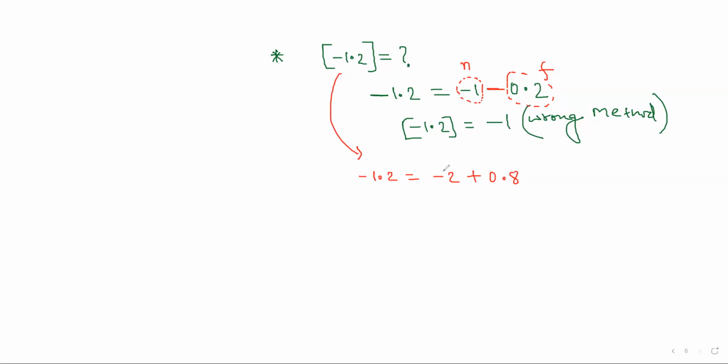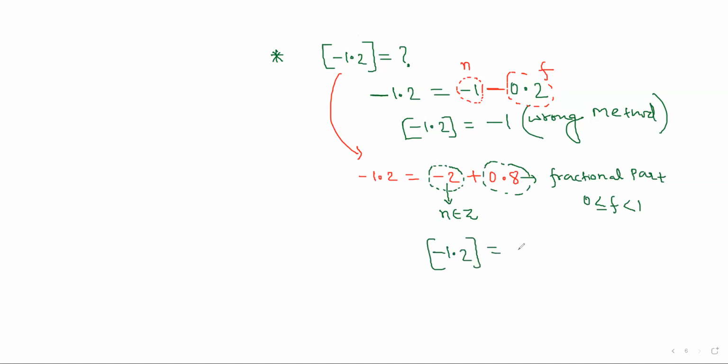Minus 2 is completely an integer, and 0.8 is the fractional part, which lies between 0 and 1. Under this condition, the GIF of minus 1.2 is equal to minus 2.